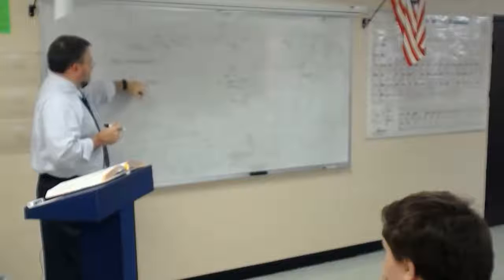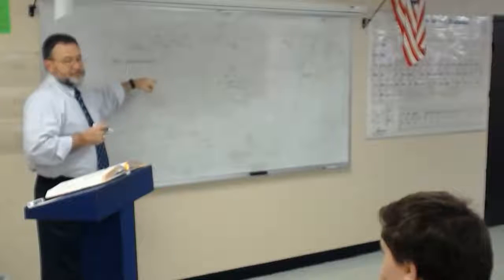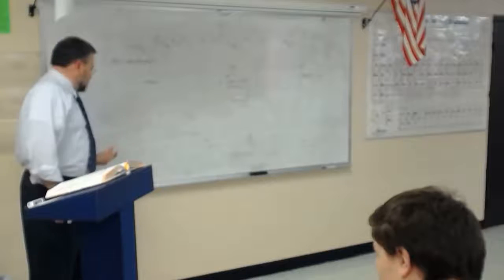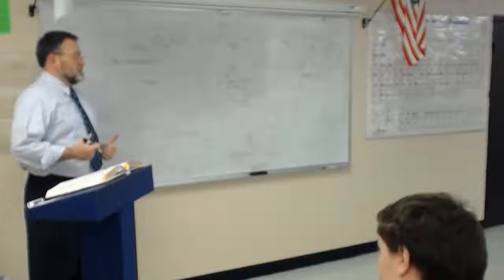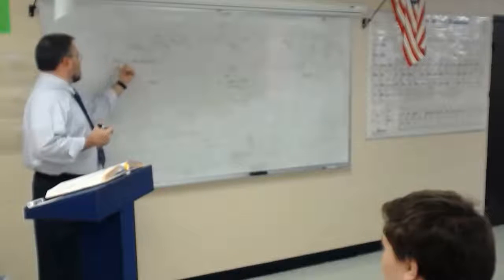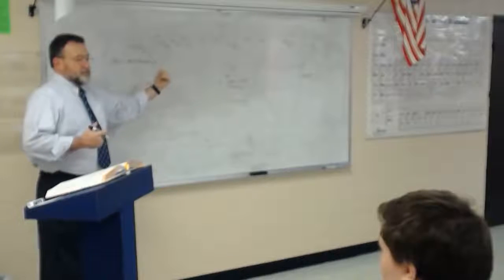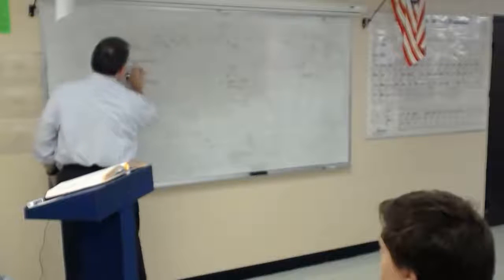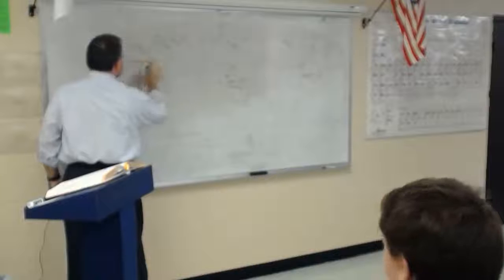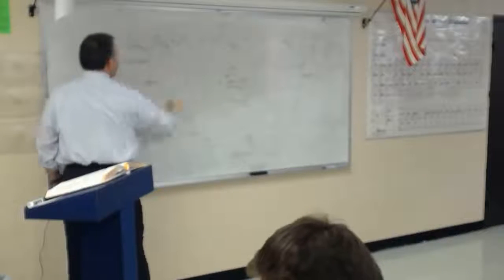Does that directly help you between kilograms and moles? Mm-mm. But if I know how many AMUs per molecule, what do I also simultaneously know? AMUs per molecule, it's the same number, but what are my units? Grams and moles. Grams, right, so it's the same number of grams per mole.